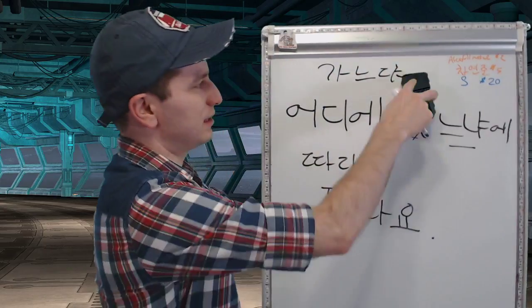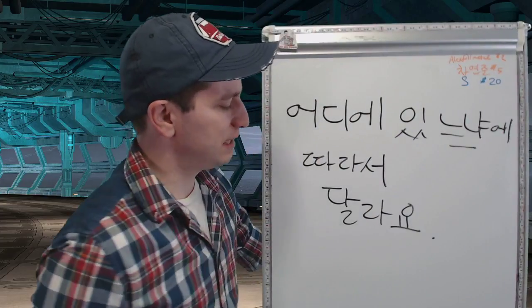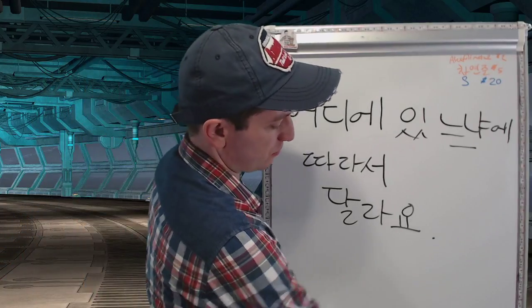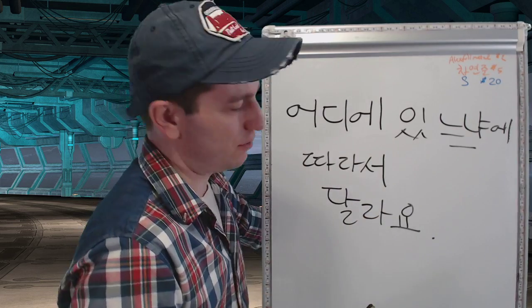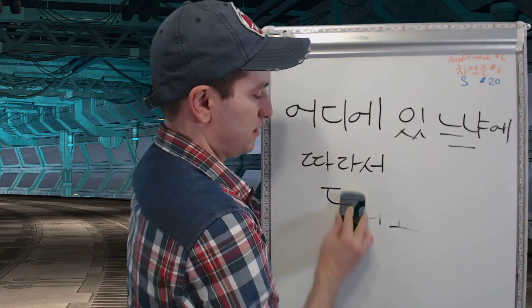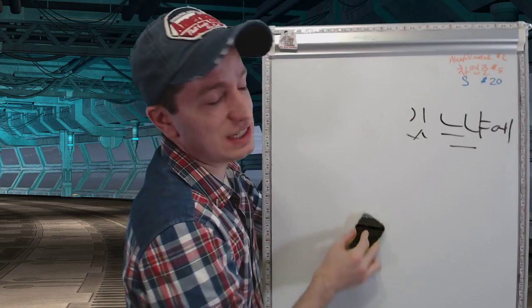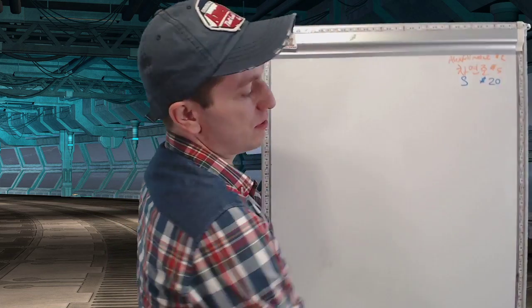So where are you going? 어디 가냐, 가는 거야, like that. 어디에 가느냐, 깡총 뛰면서, or some people change it, different words. But anyway, yeah. 어디에 있느냐에 따라서 달라요. It depends on where it is. Depends on where the bathroom is, right? 화장실이 어디에 있느냐에 따라서 달라요. All depends on where the bathroom is.